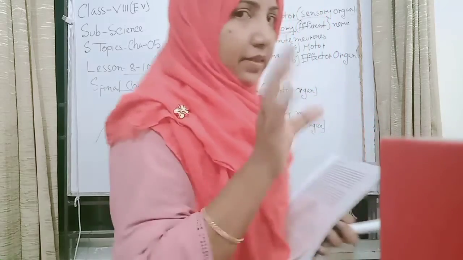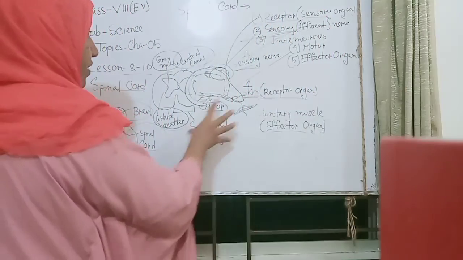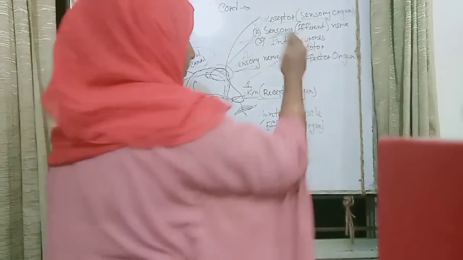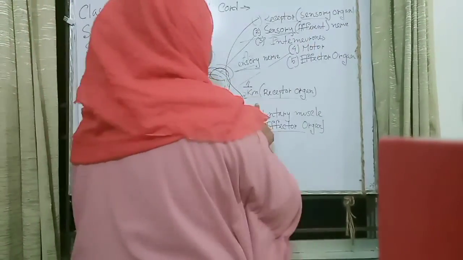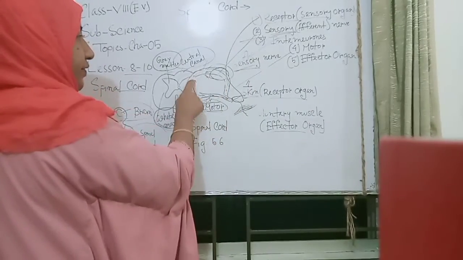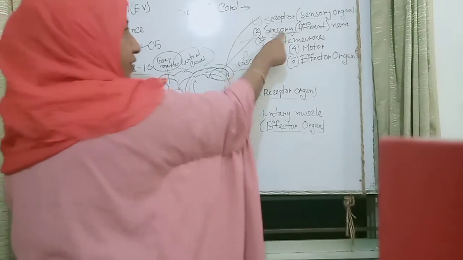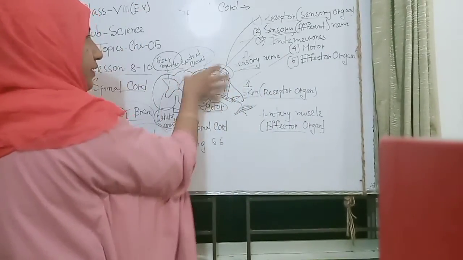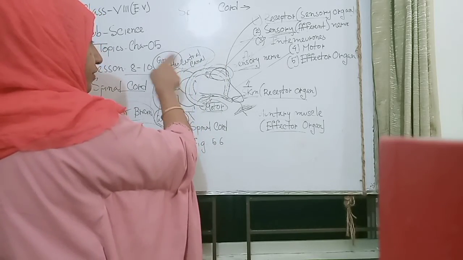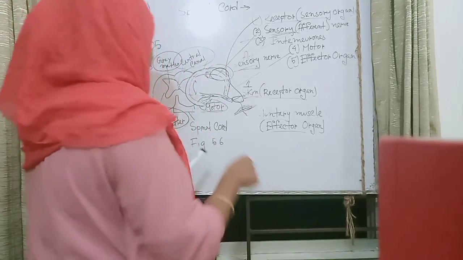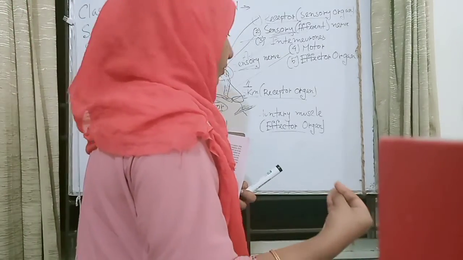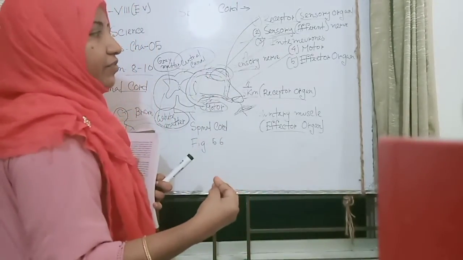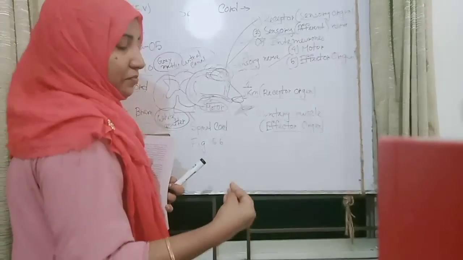There are five categories. First is the receptor or the skin, the sensory organ. Second is the sensory nerve. Third is the interneurons. And fourth is the motor nerve, and finally the voluntary muscles or the effector organ.